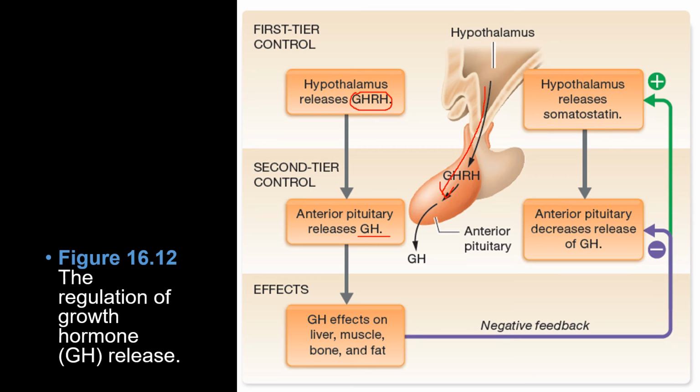Growth hormone has its effects, and then eventually the anterior pituitary is going to decrease the release of growth hormone, typically by allowing the hypothalamus to secrete somatostatin, that growth hormone inhibiting hormone. So this is another negative feedback loop where, okay, we've reached homeostasis, so now we need to stop, and so now they'll just release a new hormone to stop production.